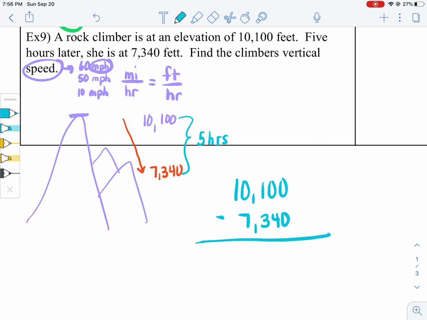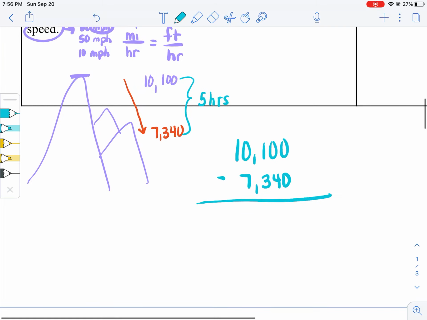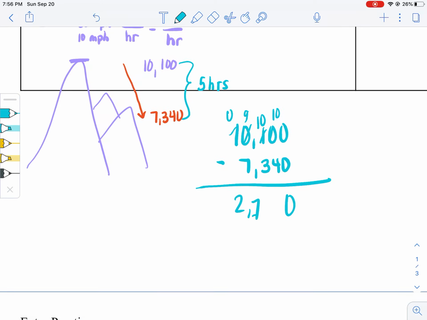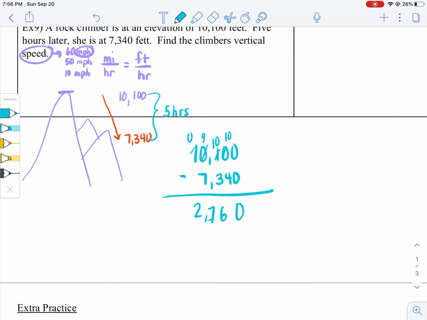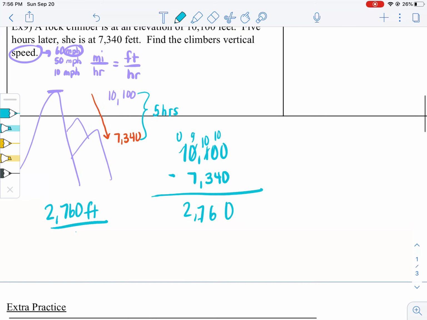We're going to subtract. Okay, so we are going to subtract. 10,100 minus 7,340 is 2,760. So she went 2,760 feet in 5 hours. That's our rate. But we want to know the speed.